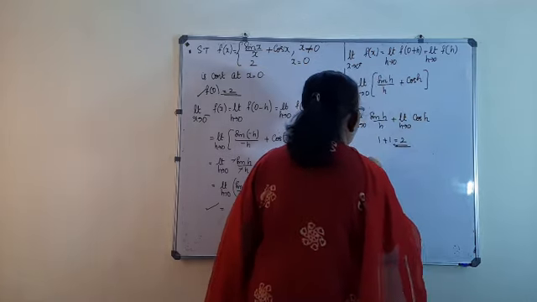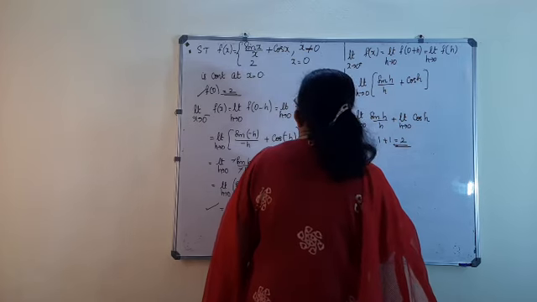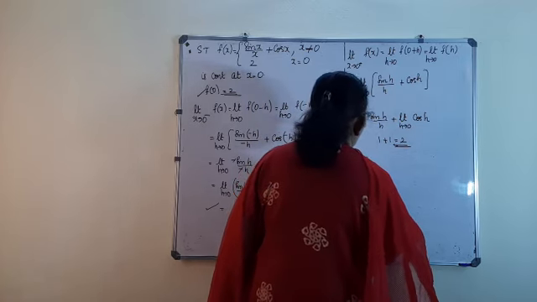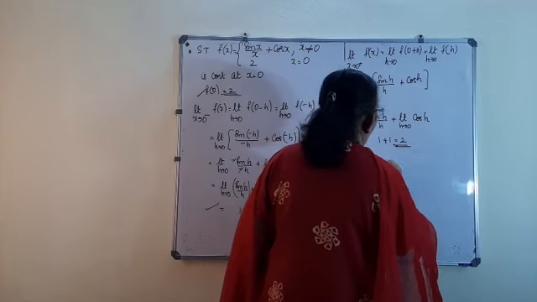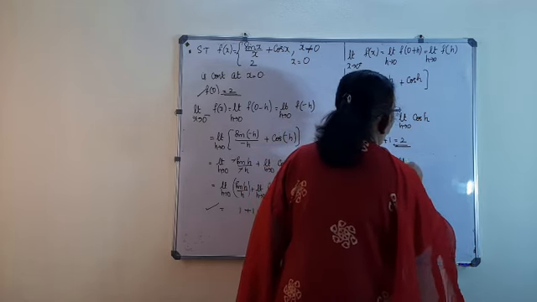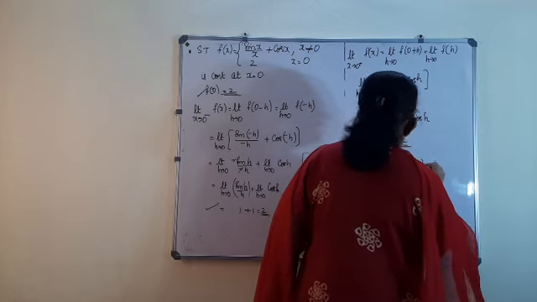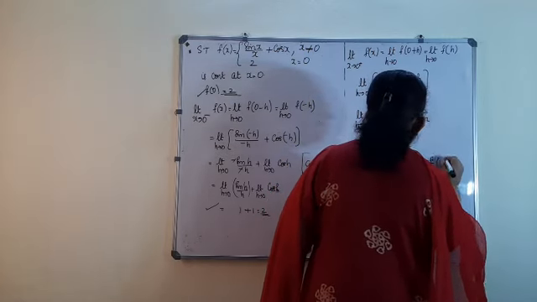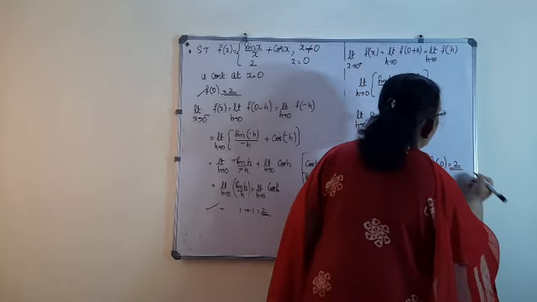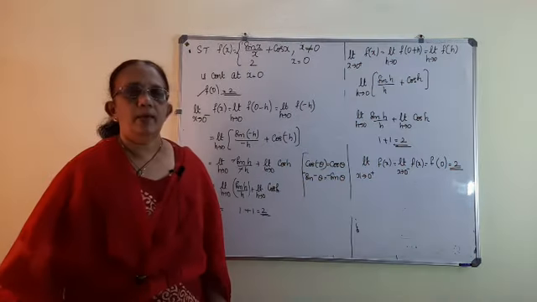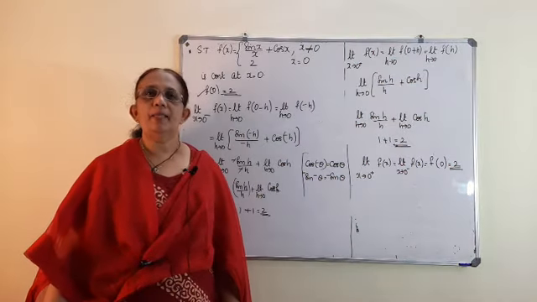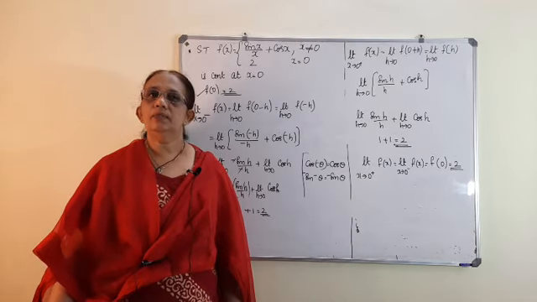So, we can say that limit x tending to 0 plus f of x is equal to limit x tending to 0 minus f of x is equal to f of 0, and all these values are all equal to 2. Therefore, the function is continuous at the point x is equal to 0.